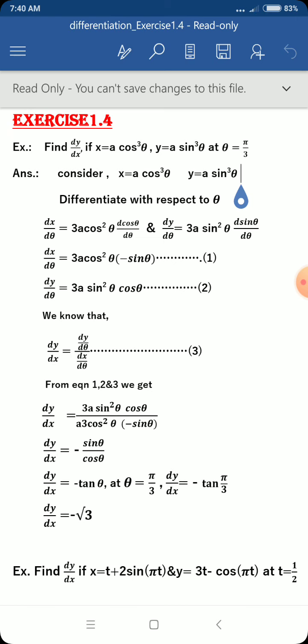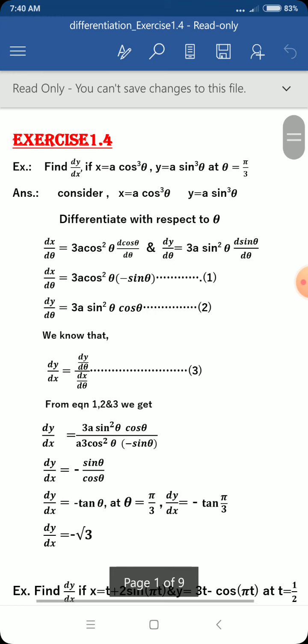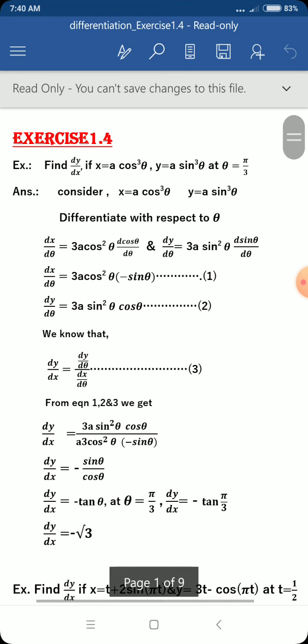For the first equation, the derivative of x is dx by d theta equal to 3 into... cos cube theta is a composite function. Therefore, suppose cos theta is x in mind, then we get x cube. The derivative of x cube is 3x square.